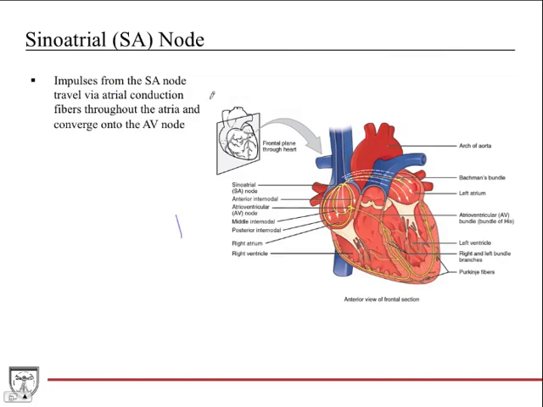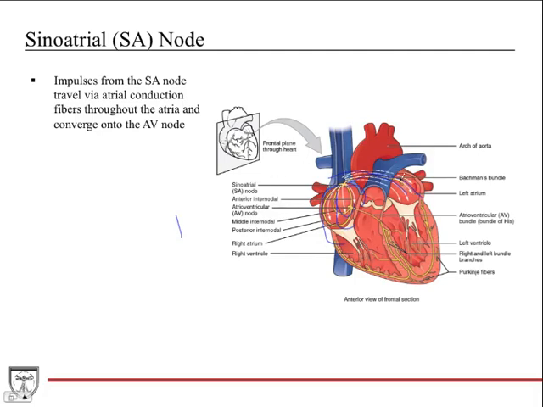So the impulses from the SA node travel via the atrial conduction fibers, and you can see that they travel out this way through the walls of the atria, kind of out and around like this. Those impulses are responsible for carrying conduction impulses to the atrial muscles and making sure that they are stimulated and contract and help with ventricular filling.